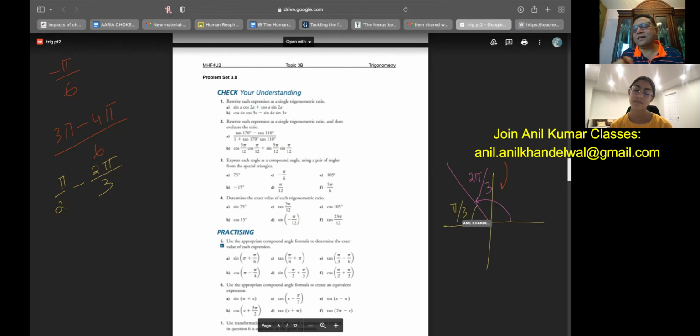So 2 pi by 3 is actually the same as pi by 3 when it gets to the angles. It is a special triangle, so we can just do the same thing as our CAST rule, where we just use the related acute values and go from there. That's what I was confused on, because you used 4 pi over 6, so I thought you can't use that. You have to use the exact values, but that makes sense.